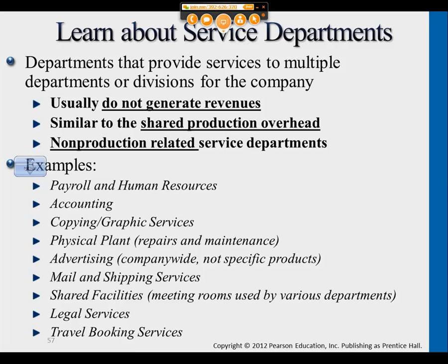Copying, graphic services, physical plant, right? That requires some maintenance, for example, maintaining not just that particular line of production, but they're servicing the whole plant. Mail and shipping services, shared facilities, legal facilities, and travel booking services. So this is obviously not an all-inclusive service list.